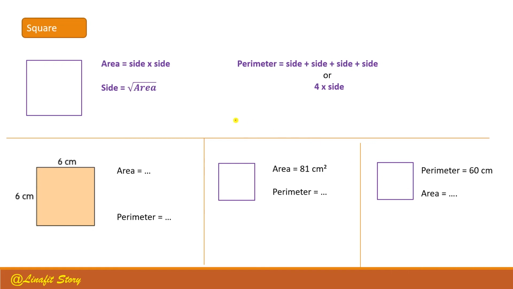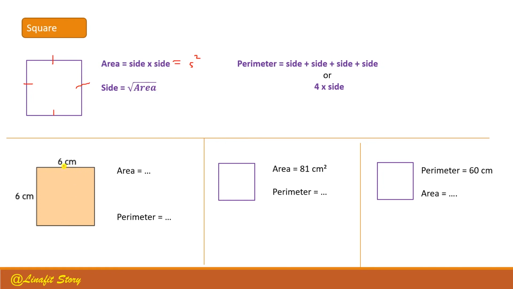Square. A square has 4 equal sides. To get the area, it is side times side, or side squared. To get the side, it is the square root of the area. To get the perimeter, it is side plus side plus side plus side, or 4 times side. So this is the example.